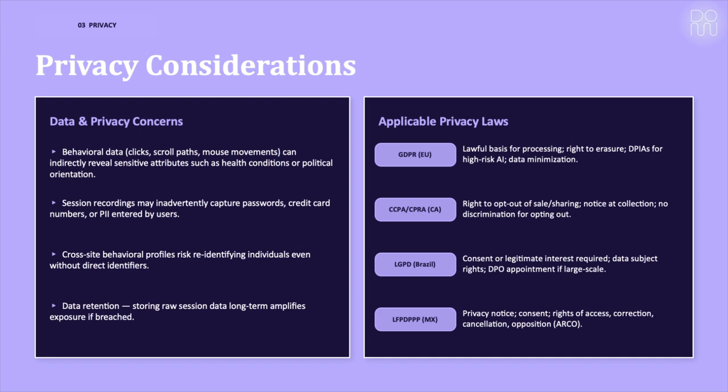The session recordings may inadvertently capture passwords, credit card numbers, or PII entered by users, so that should be something we have to care about. And cross-site behavioral profiles can really identify individuals even without direct identifiers, when we're checking anonymous testing or form filling from users, and data retention, storing raw session data a long time, implies exposure if breached.